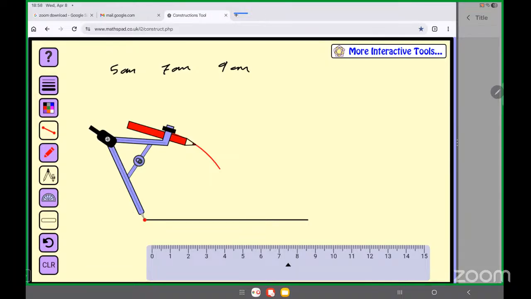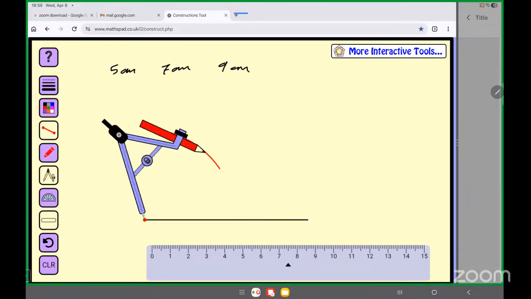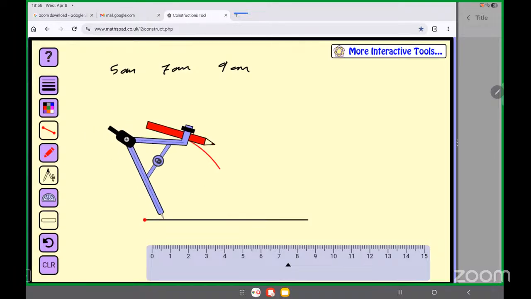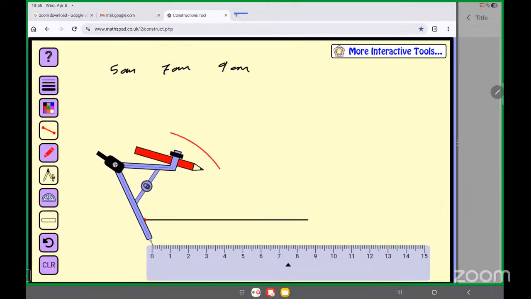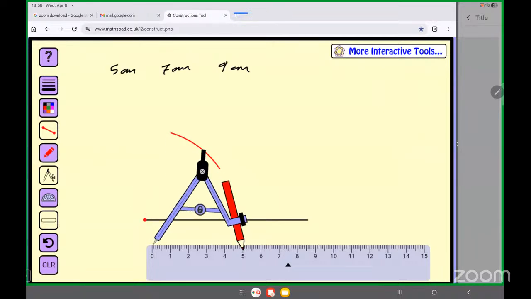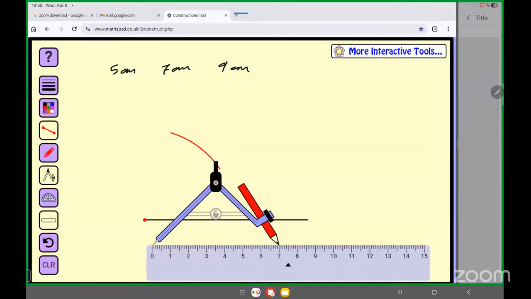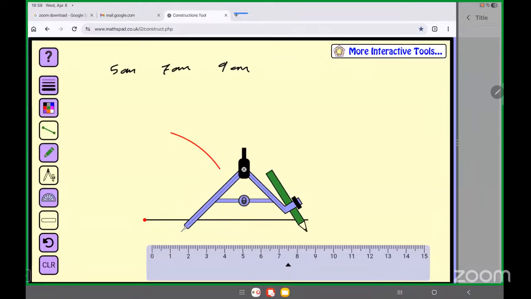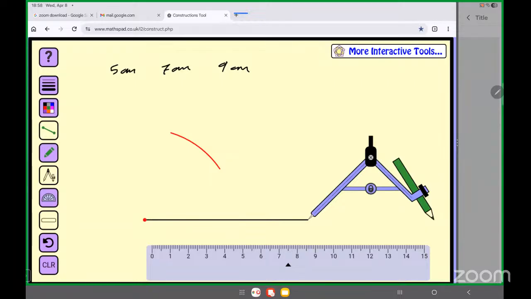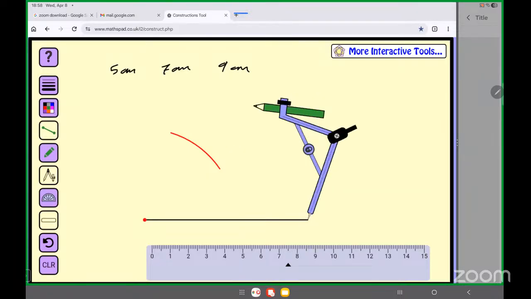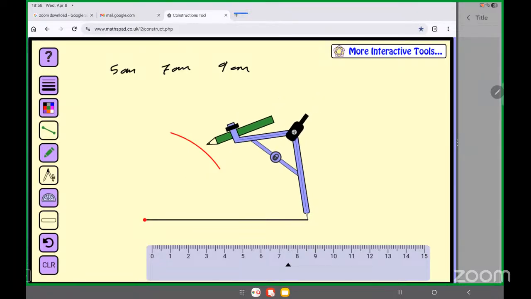You need the other one that is now 7. You go back on the ruler, zero, open the compass, and open it up to measure 7. Lock it. This is a different color for that one. So from the other end, you're now making a 7 centimeter arc across the first one. See there?